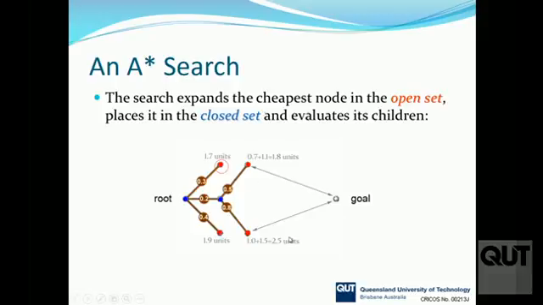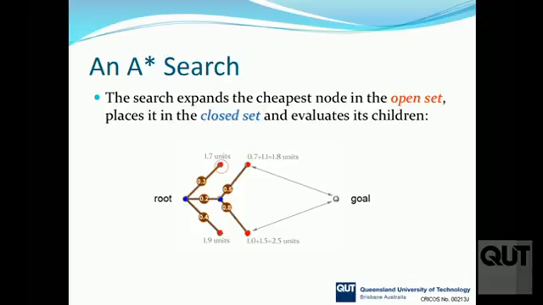These get evaluated, and then A star will choose from this set the cheapest child, or the one with the lowest evaluation, and that will be this child here. So notice what A star is doing.